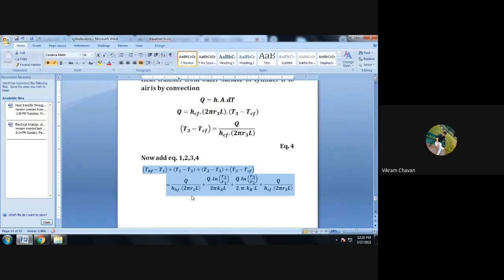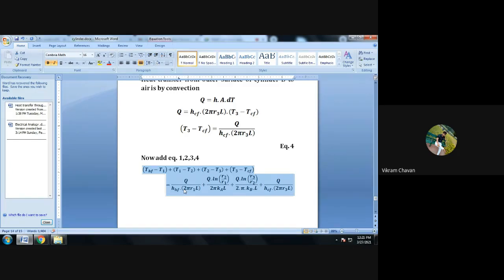Q divided by H suffix HF multiplied by bracket 2 pi R1 L, plus Q multiplied by ln of bracket R2 divided by R1 whole, divided by 2 pi K suffix A multiplied by L, plus Q multiplied by ln of R3 divided by R2 whole, divided by 2 pi K suffix B multiplied by L, plus Q divided by H suffix CF multiplied by 2 pi R3 multiplied by L. Write down the equation.